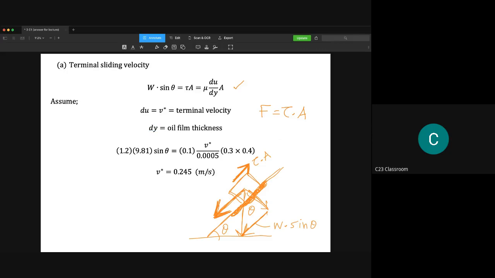I think you know the idea of terminal velocity: when we slide down, the box will reach a constant velocity, because it cannot move faster and faster all the time, since the weight itself creates the force that makes the box slide downward.